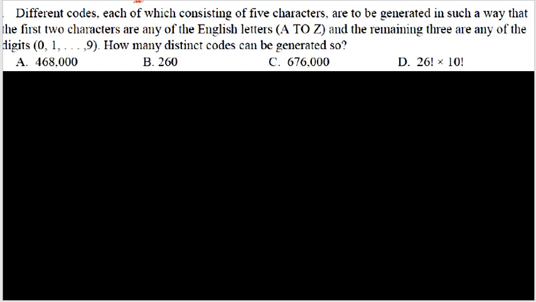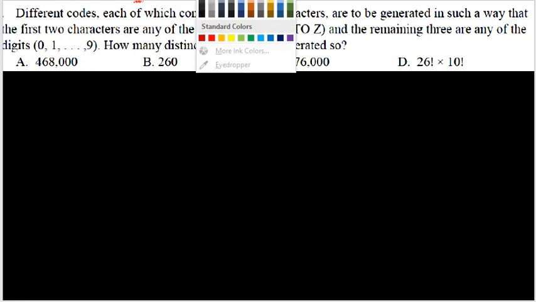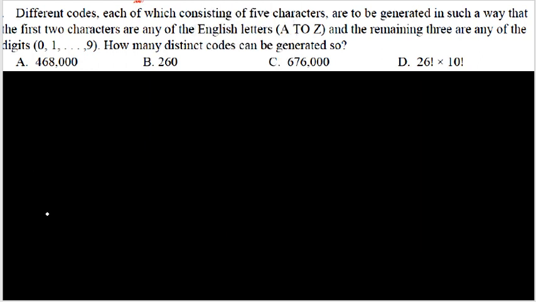Next question, it is probability. Different codes, each consisting of 5 characters, are to be generated in such a way that the first 2 characters are any of the English letters from A to Z. Now we are going to make 5 characters, 1 2 3 4 5.